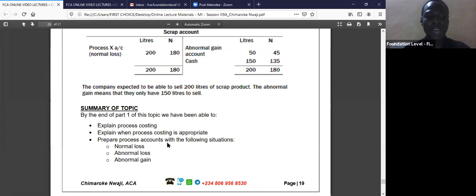Then we have seen how we account for them in the normal loss, abnormal loss and abnormal gain accounts, and also in the scrap account. So that is how we are going to do it.